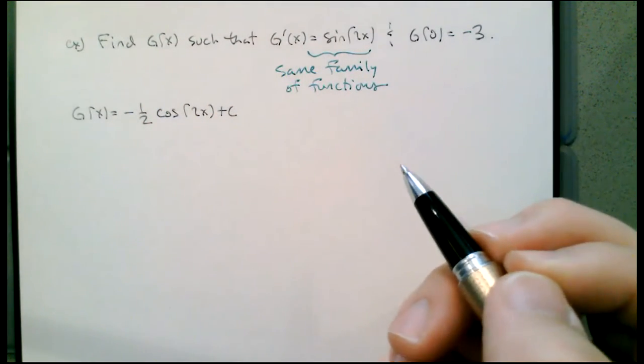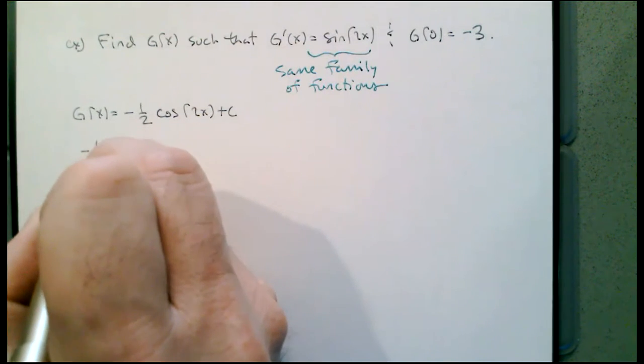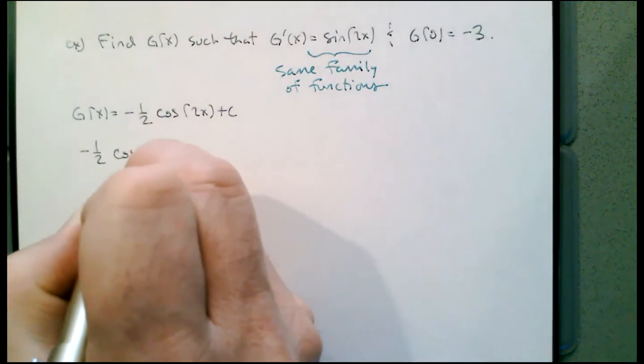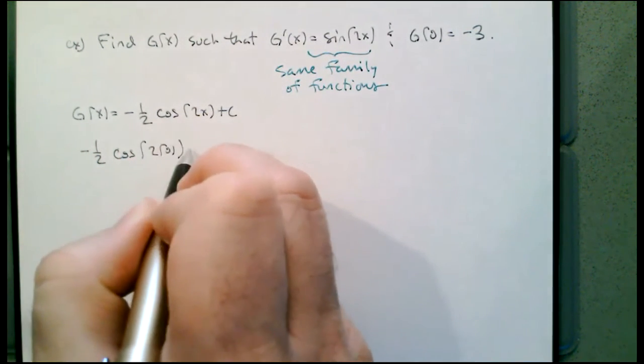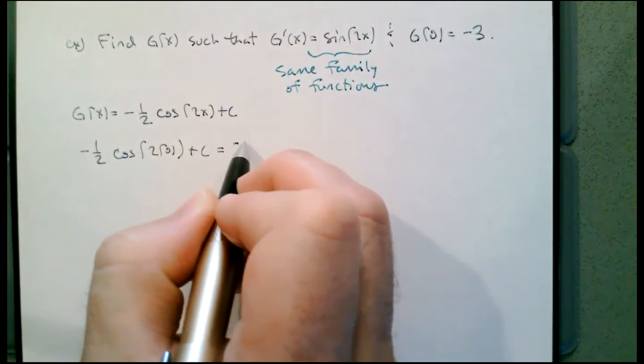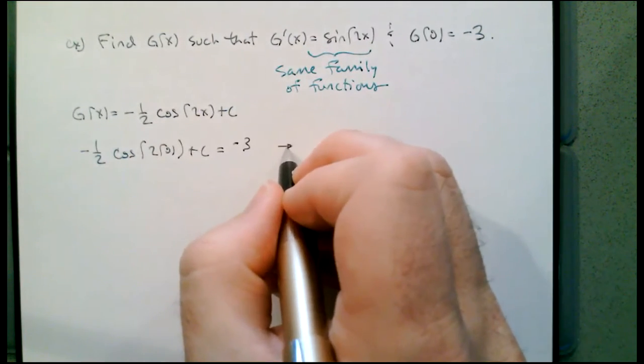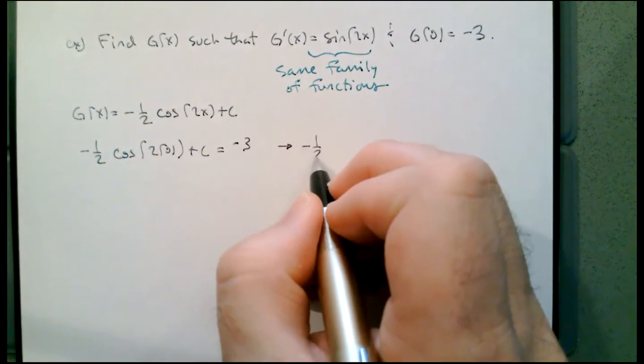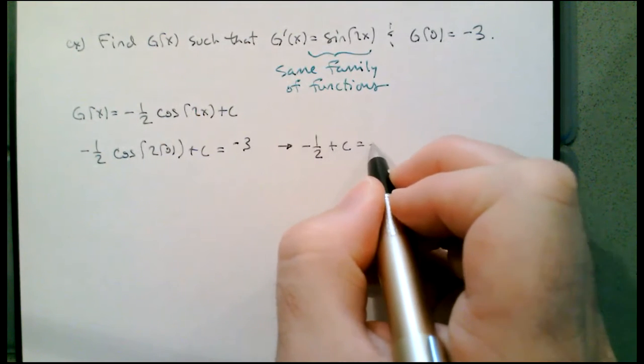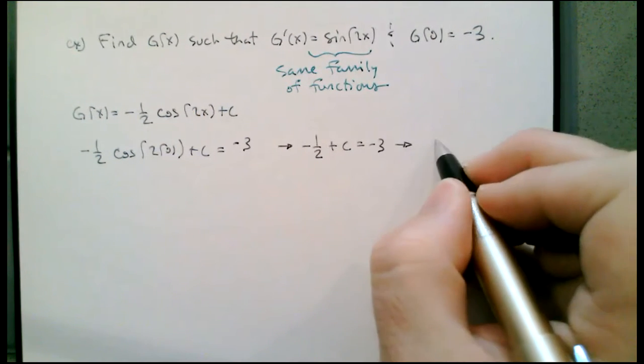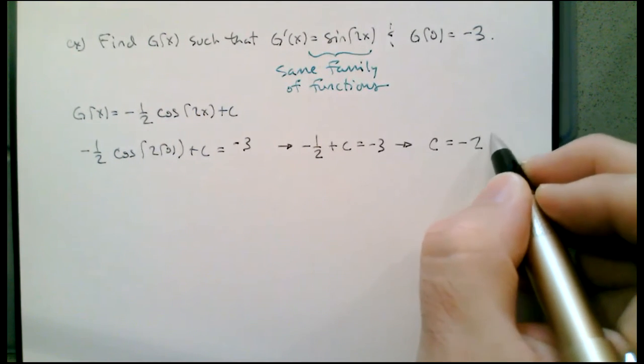And since g of 0 is equal to -3, negative 1/2 times the cosine of 2 times 0 plus c is equal to -3. So that tells us that negative 1/2 plus c is equal to -3. So c is equal to -2.5.